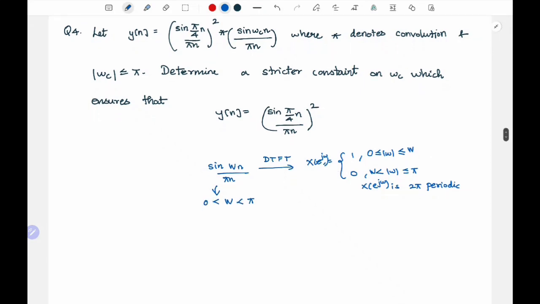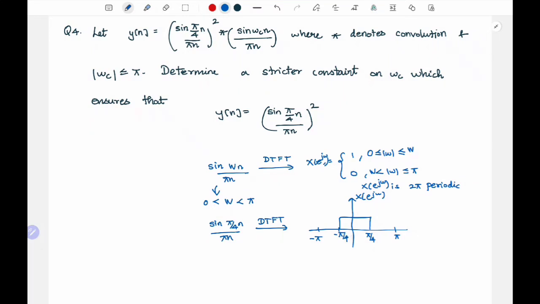So now you have your pi by 4n. So sine pi by 4n by pi n is going to give you a DTFT of, I'll draw it straight away. So I have minus pi here, minus pi, here plus pi, and you have pi by 4, minus pi by 4 to pi by 4.